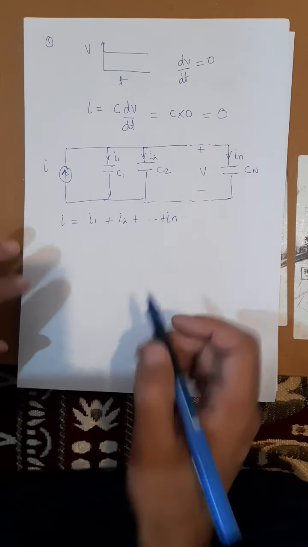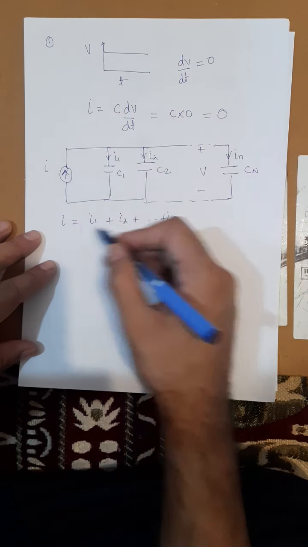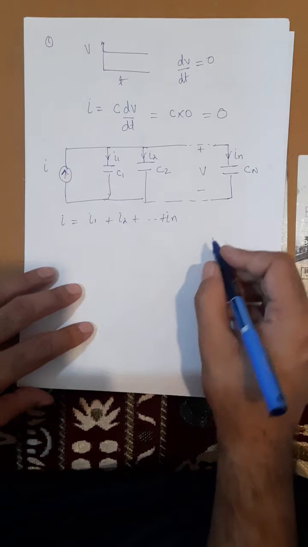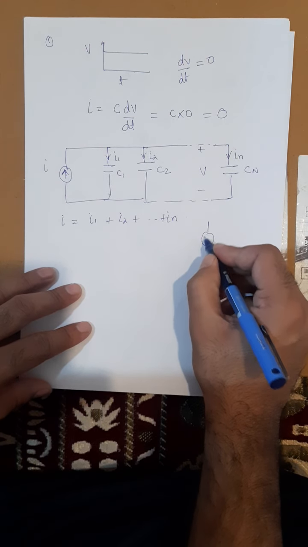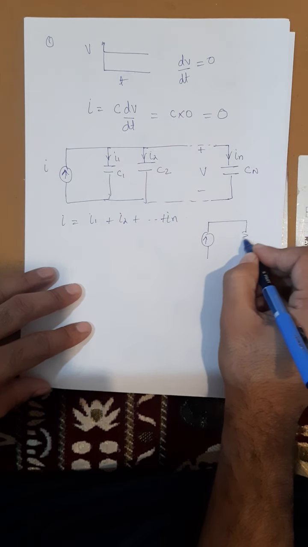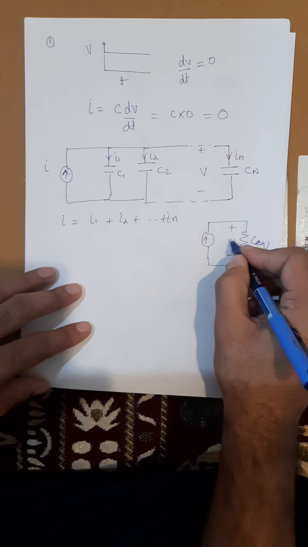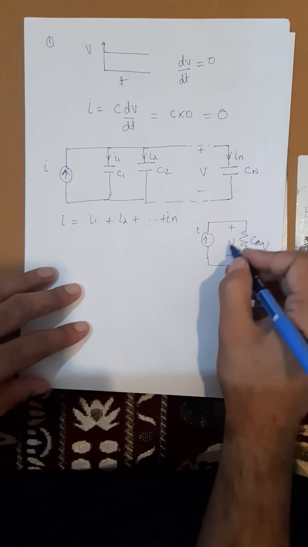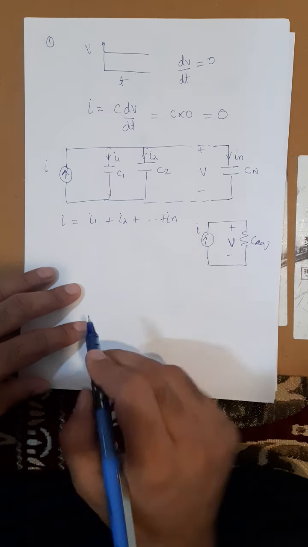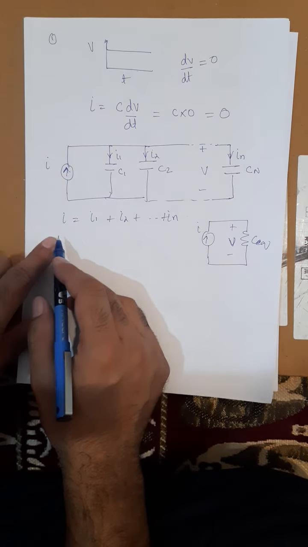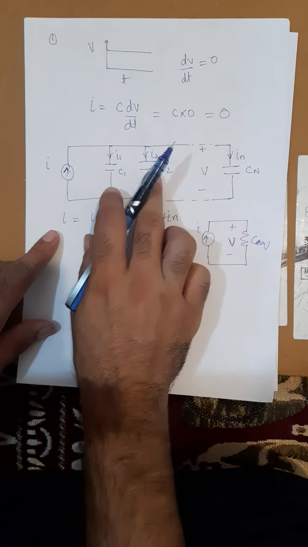Now, instead of these n capacitors, I represent the circuit by a single capacitor. The circuit diagram will look like this. This is C equivalent, this is V, this is I, and this is the same V. So this circuit is equivalent to this.